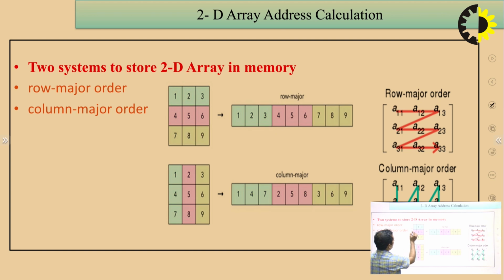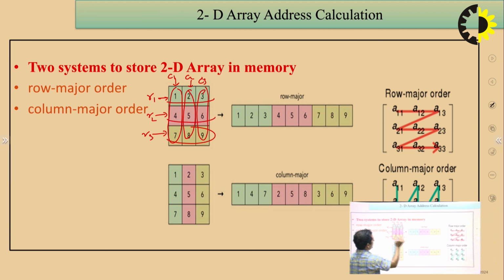A 2D array has rows and columns. Just consider here, this is the first row, second row, third row, you can say R1, R2, R3, and these are the columns, column 1, column 2, column 3, we can say C1, C2, C3.